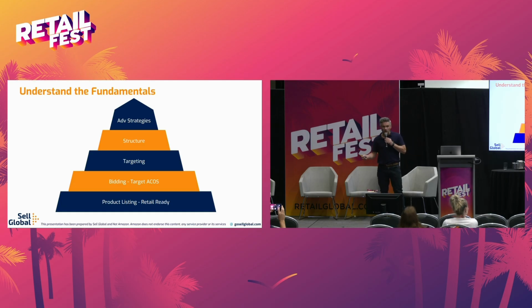A lot of people start at advanced strategies before they've got product readiness, before they understand what they can afford to pay with their advertising and their bidding, before they understand what they should be targeting, and before they have the right structure. And so they get it all backwards. And so this is kind of the pyramid, so to speak, of getting your fundamentals right.